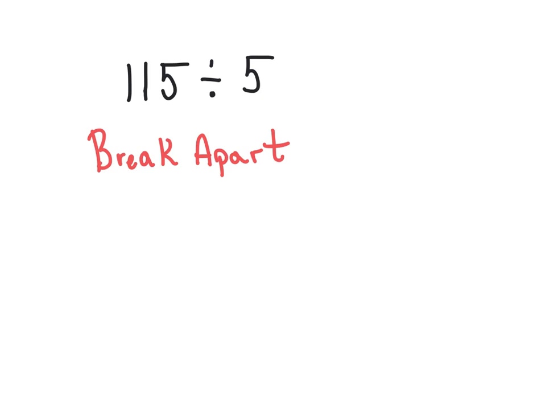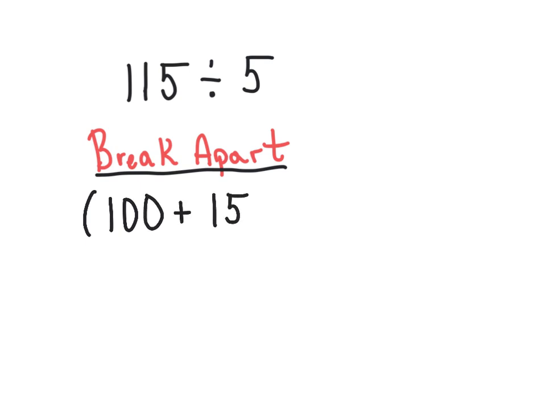Okay, our next one is 115 divided by 5, and we're going to be using the break apart method. Now if we use the break apart method, I'm going to take 115 and we are going to separate that, and we're going to pull out 100 plus 15 ones, and we're going to divide this by 5.